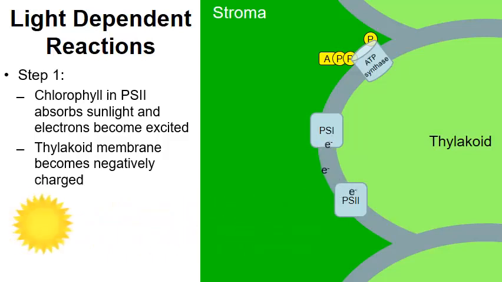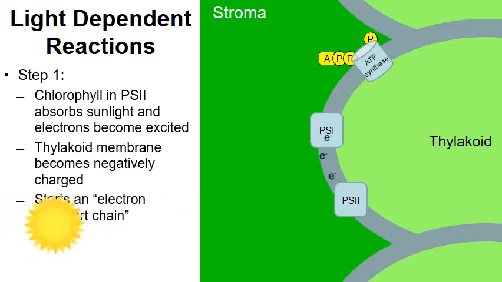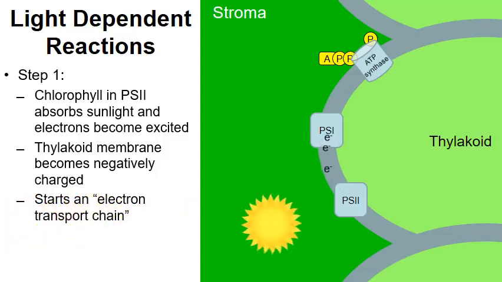And as the electrons are flowing through, there are also proteins embedded within the thylakoid membrane that are aiding their travel. I just didn't show them in my animation. But this starts what we call an electron transport chain. It's a chain of events set in motion by these electrons.